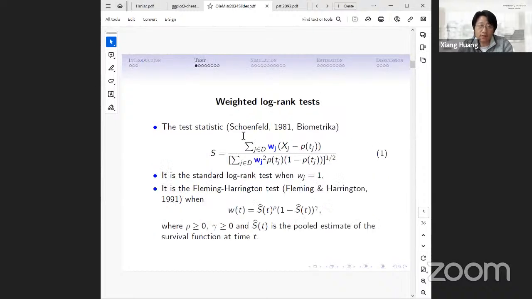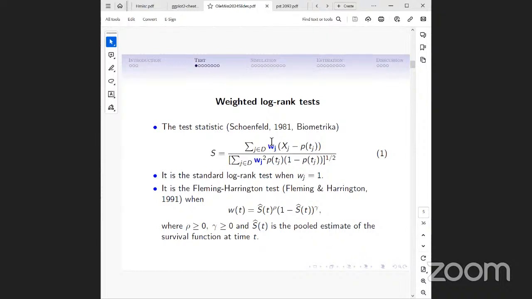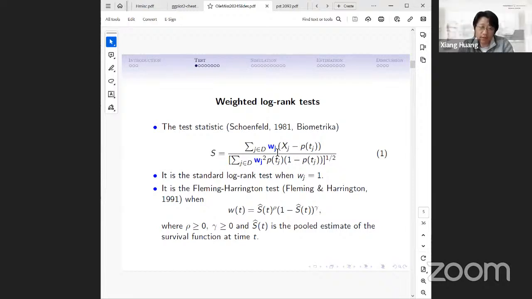In 1981, Schoenfeld proposed this test statistic using the notation I just presented. Here, w_j is a weight function. When we take w_j to be 1, that is the standard log rank test.